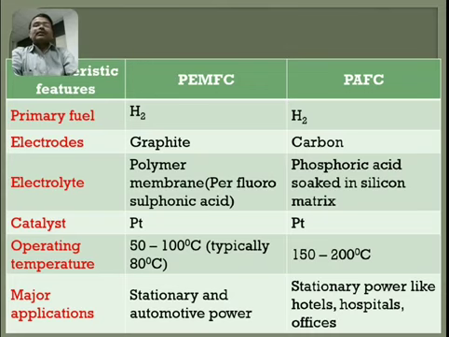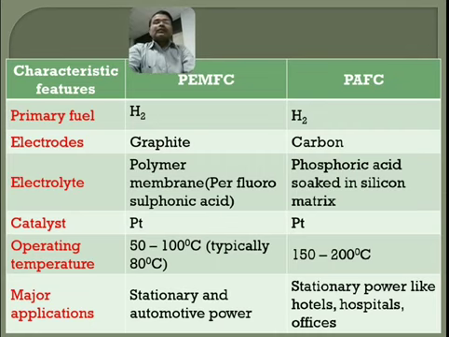These are some comparison points between the PEMFC and PAFC. The primary fuel in both PEMFC and PAFC is hydrogen. Electrodes are graphite or carbon in both, so similar electrodes are there. For the electrolyte, in PEMFC we are using polymer membranes like perfluorosulfonic acid, while in PAFC there will be phosphoric acid soaked in a silicon matrix.